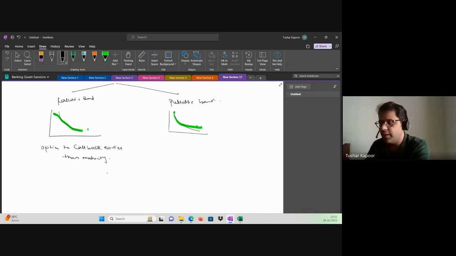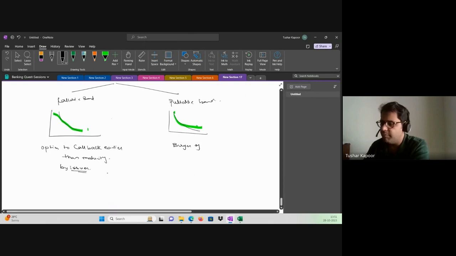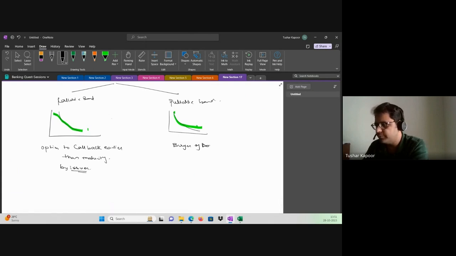And in a puttable bond, what happens is the investor who has invested his money in the fixed income security, a retail investor like us who has bought the bond, the buyer of the bond, can sell it back to the company, to the issuer, before its maturity.